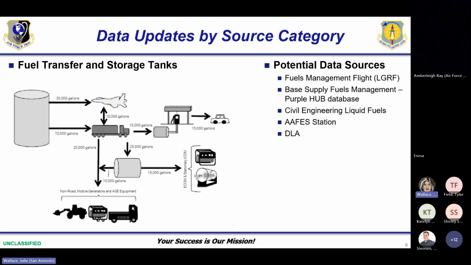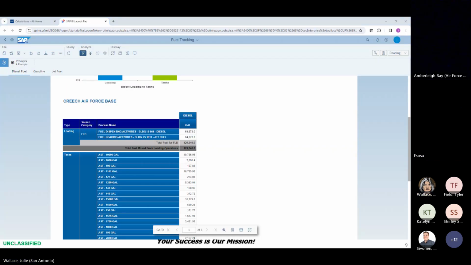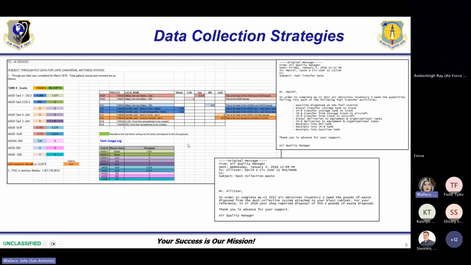And then much like what I showed you that Cape Canaveral did, let's just go back to that slide. This is very typical of what you will get from the CE Fuels shop, right? Issues and receipts.